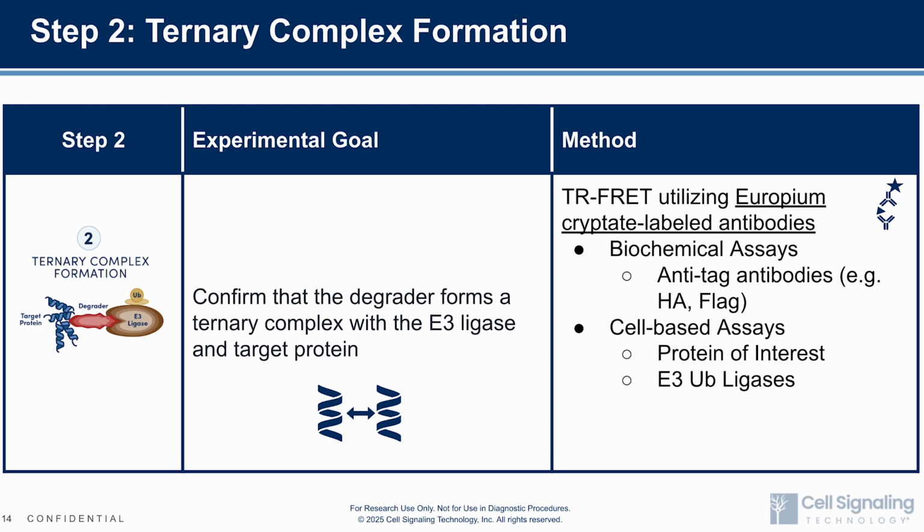And then cell-based assays can also be used where you're actually using an antibody labeled against the protein of interest that targets that, as well as the E3 ubiquitin ligase, for example, cereblon. That way you can see in an endogenous format how these things work together to get an understanding of how well that ternary complex formation occurs.